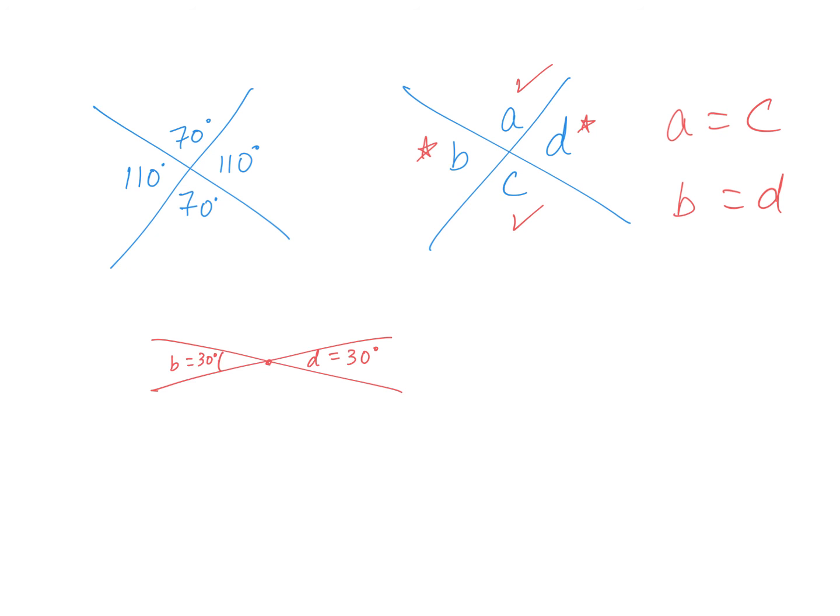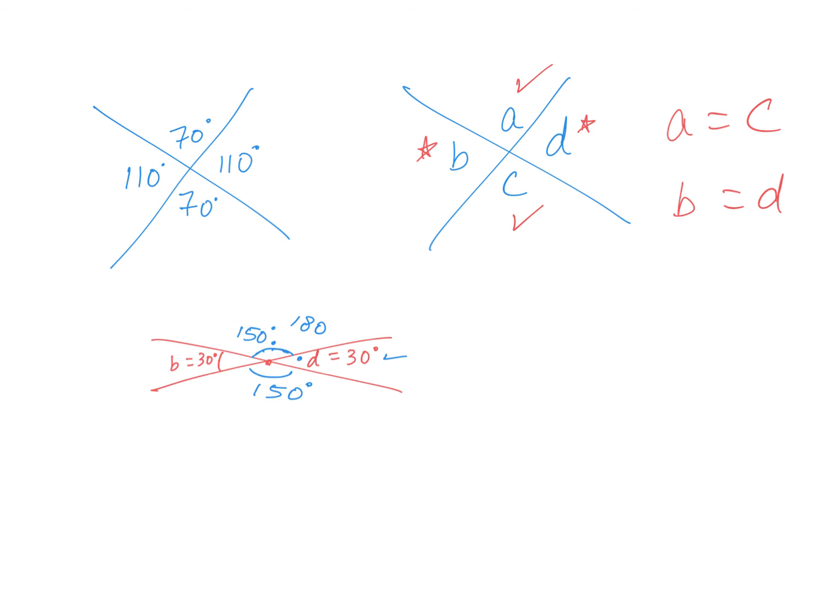And then I know that this is a straight line. So if this is 30, these guys should add up to 180. So this means this has to be 150. And then if this is 150, even this has to be 150. So using one part of the diagram, I can find so much. Okay?